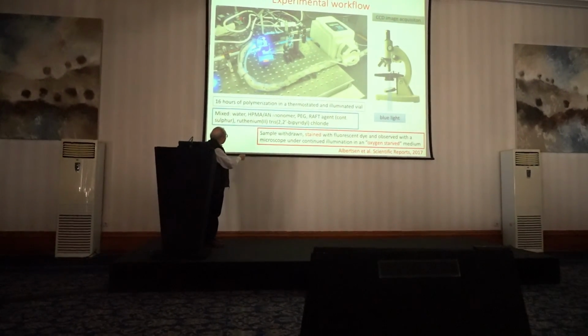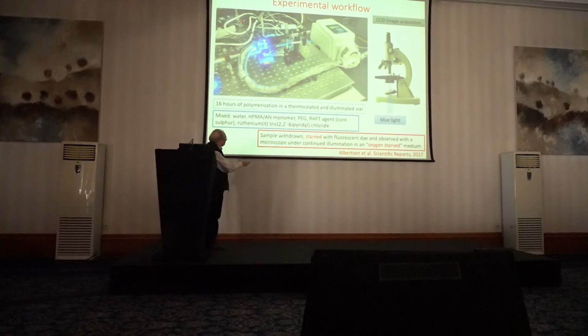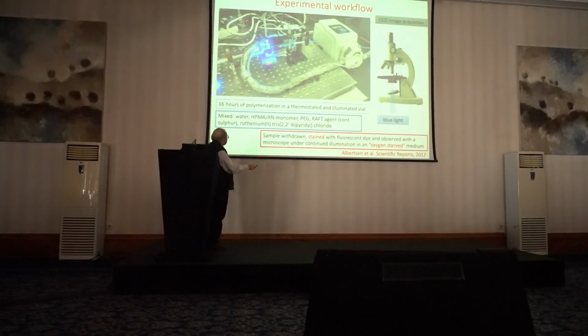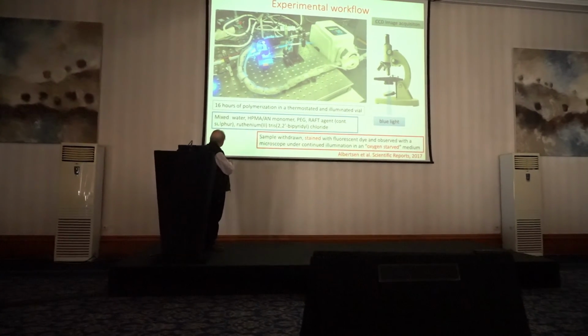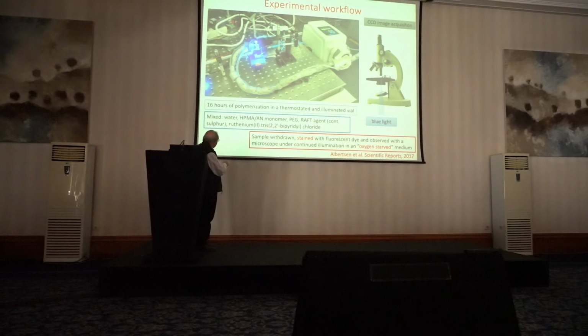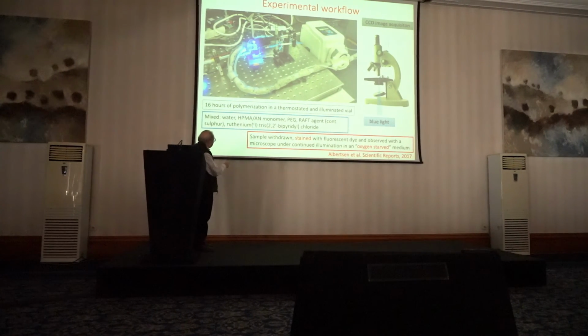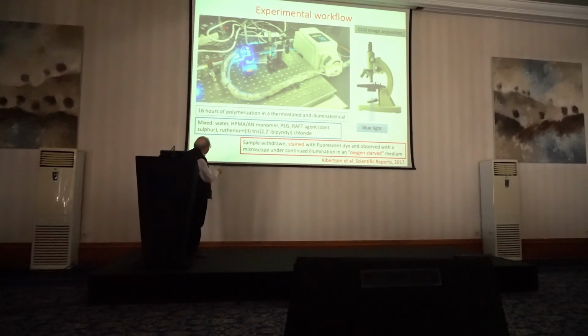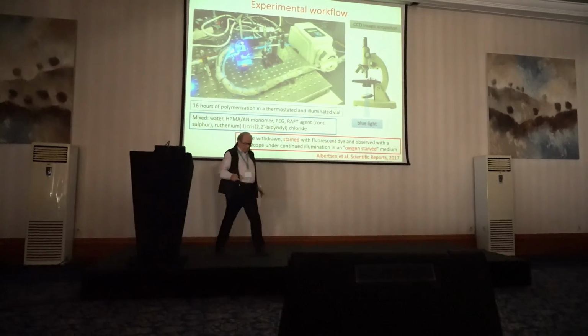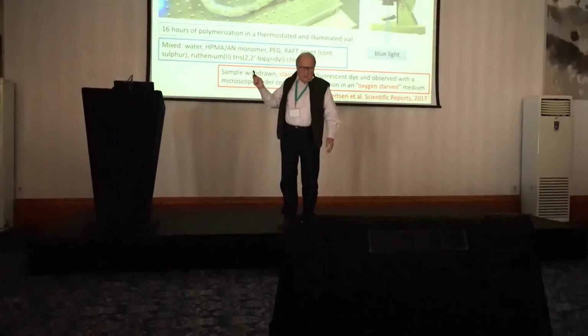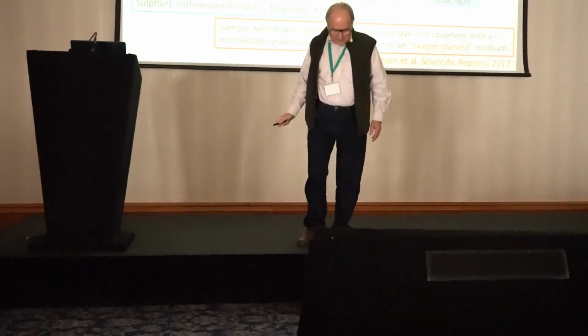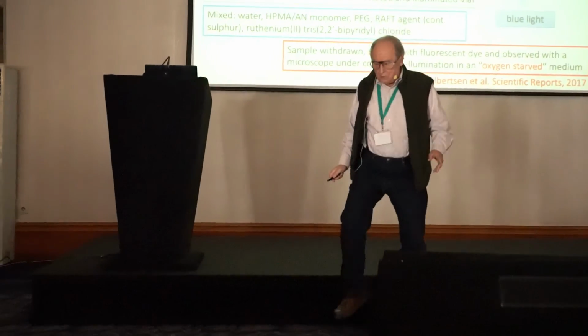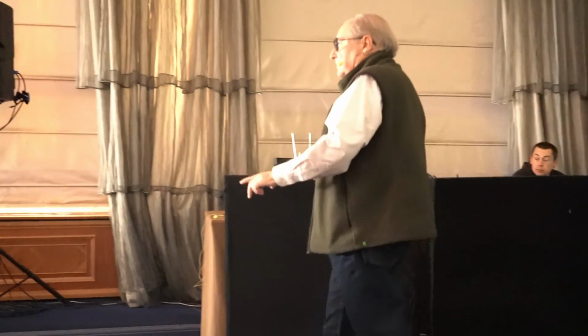Water, acrylonitrile, for example, a monomer, polyethylene glycol, something called a RAFT agent, which contains a few carbons and sulfur, which is important for polymerization. Ruthenium acts as a catalyst for the light, to absorb the light and then transfer energy to the sulfur. So when you do that, the choice of materials is the information.